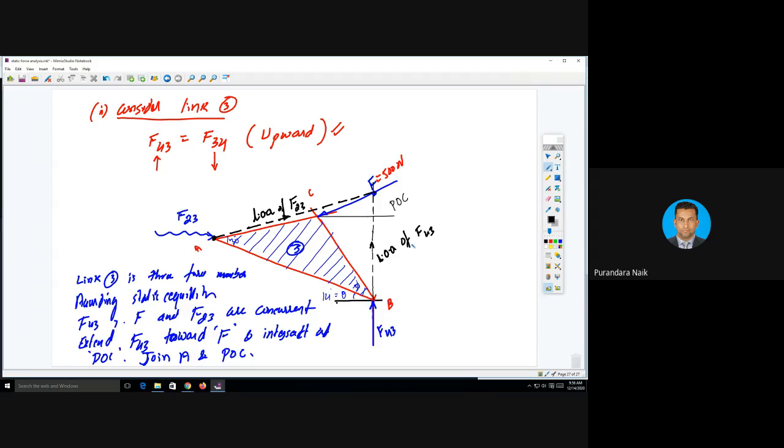F43. So this is the POC, point of concurrency. Now we know the direction of F23, we know the direction of F43, and we know the direction of F. Now we can draw the force polygon to find the unknowns.